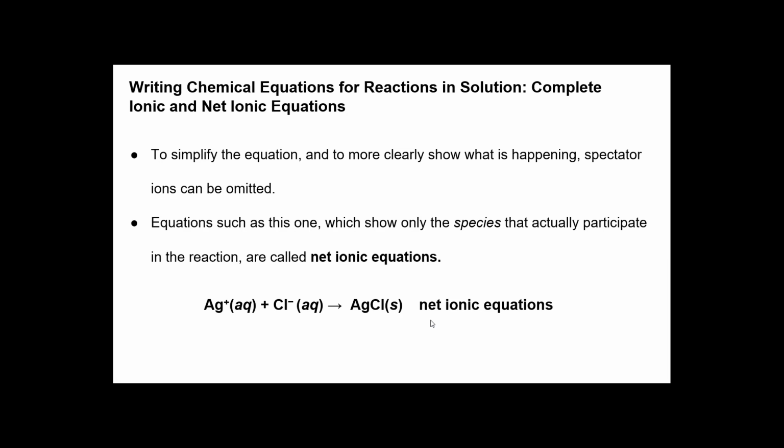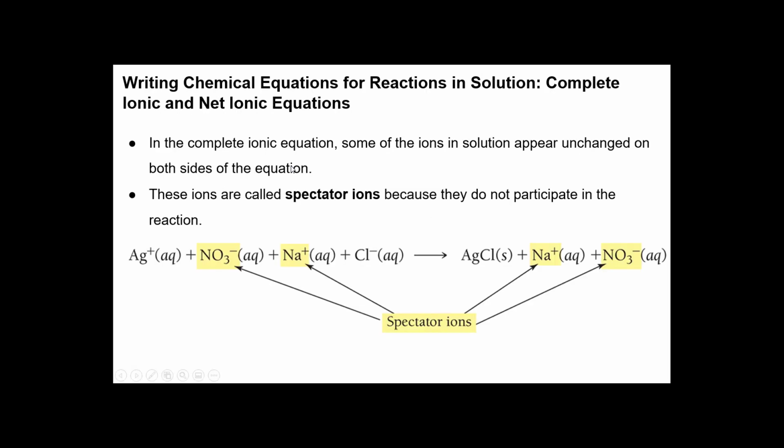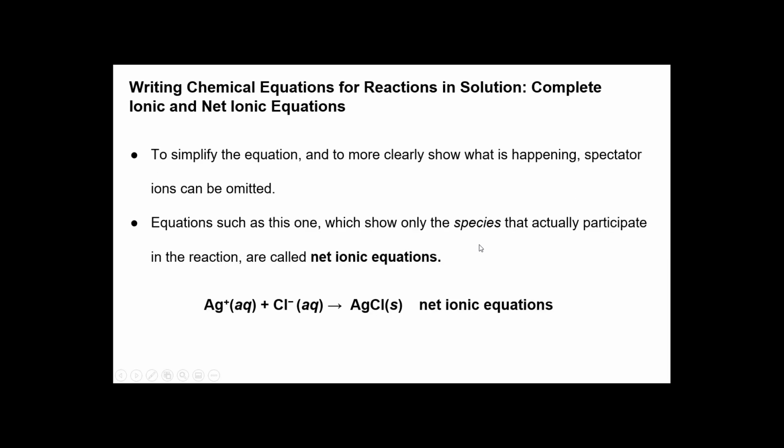So now we have looked at a complete ionic equation, meaning everything's in ions except for the precipitate. And now we're going to look at net ionic, which means strictly the ions that create the solid. We remove the spectator ions out of it. That is a net ionic equation.